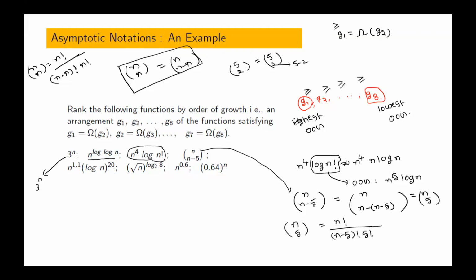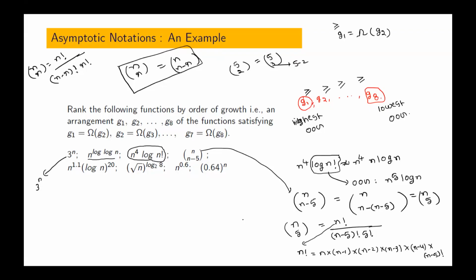Again, this n factorial can be written as n into (n minus 1), (n minus 2), (n minus 3), (n minus 4) into (n minus 5) factorial. Is that correct? Yes, correct.